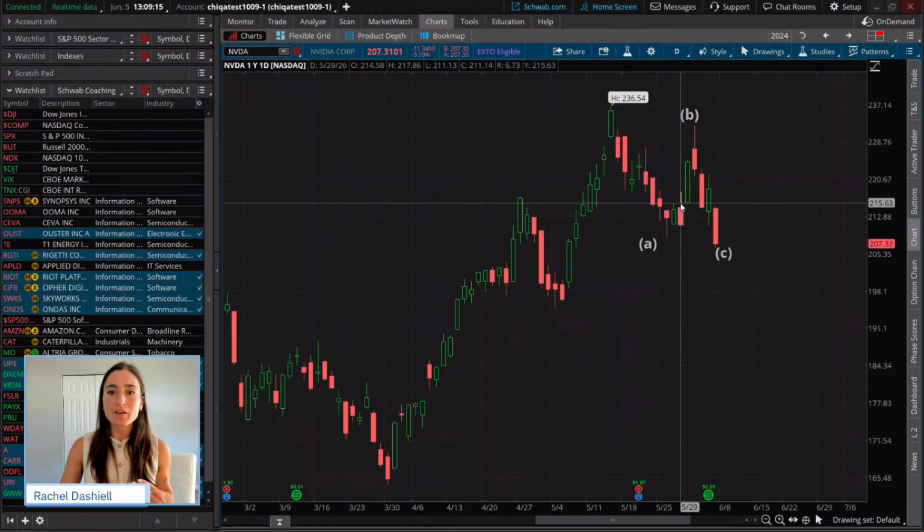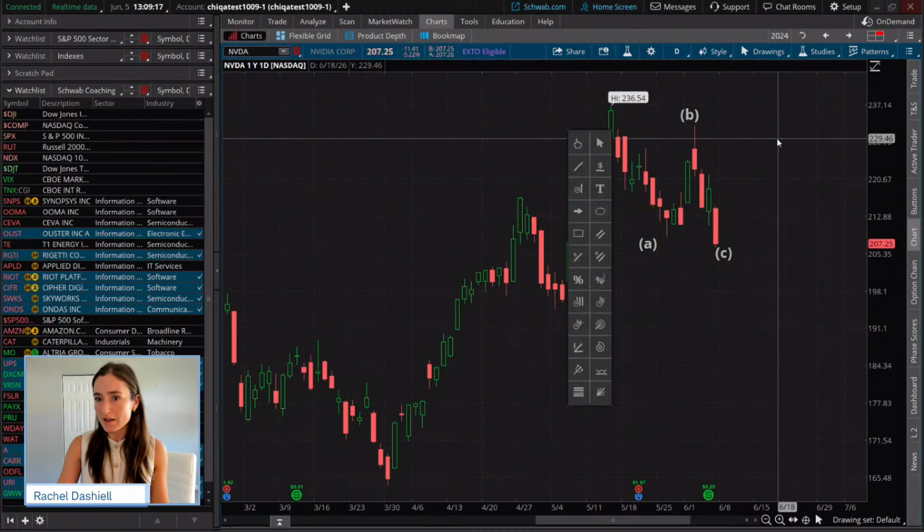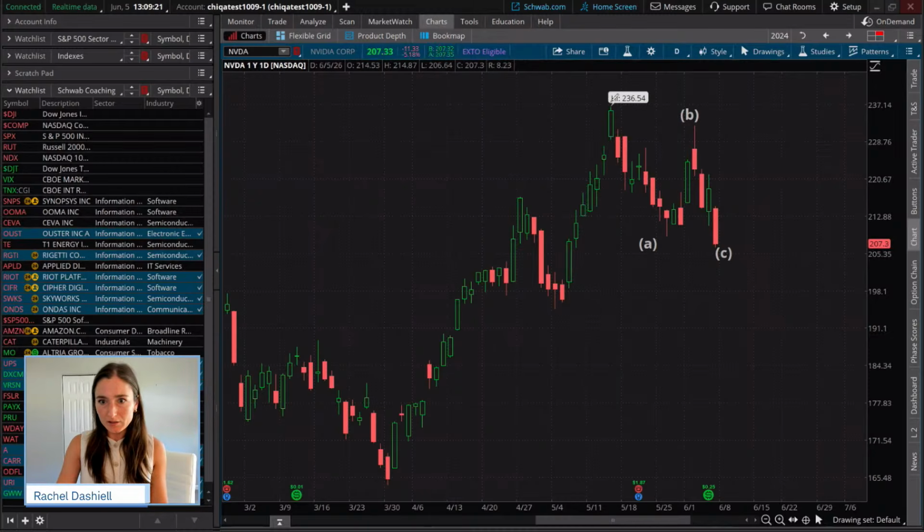So that is a 5-wave pattern. So I'm going to draw this again with the 5-wave. So this will look a little bit like this. So we would have 1, 2, 3, 4, 5 down into wave A.